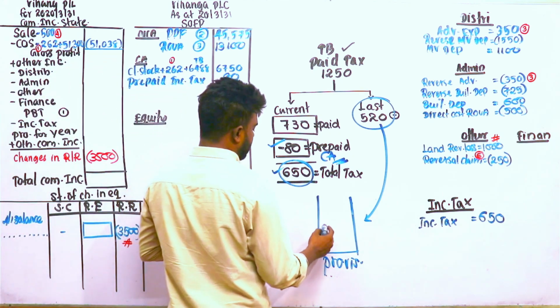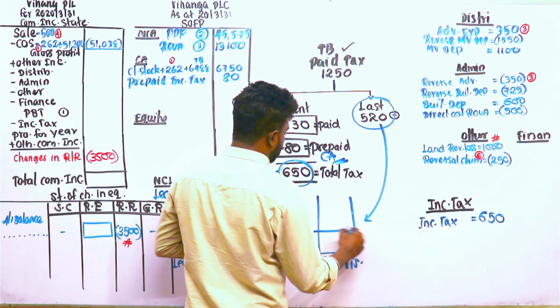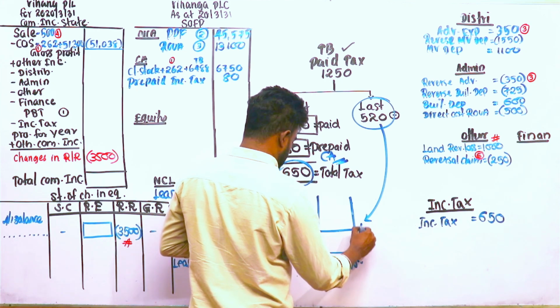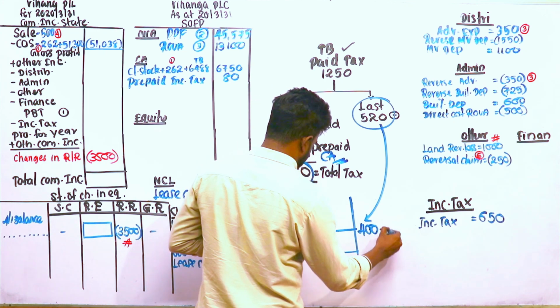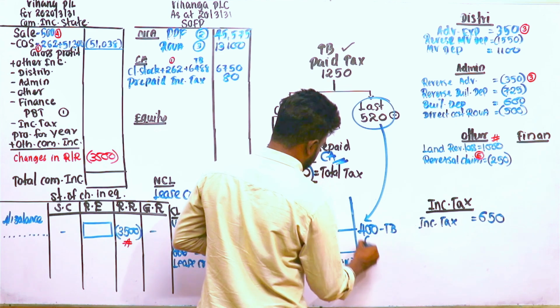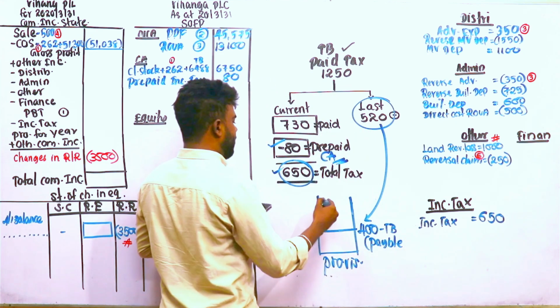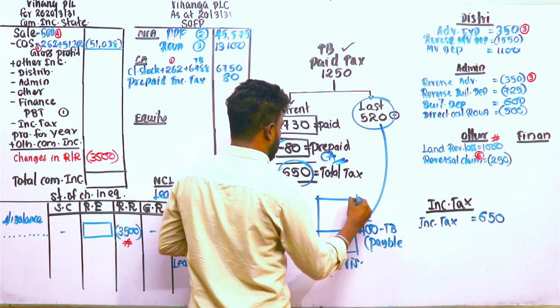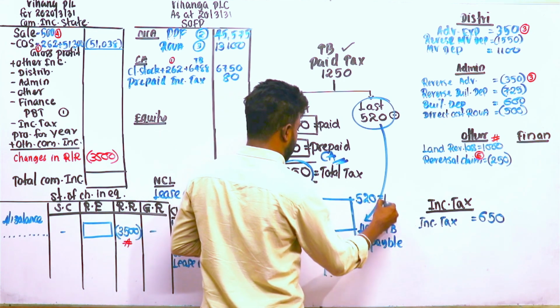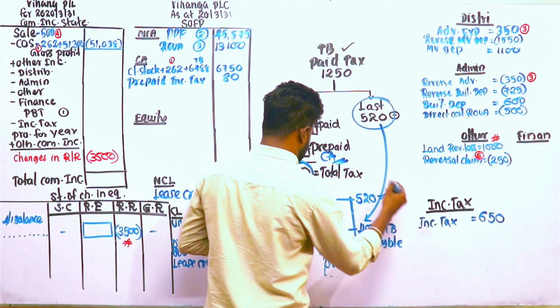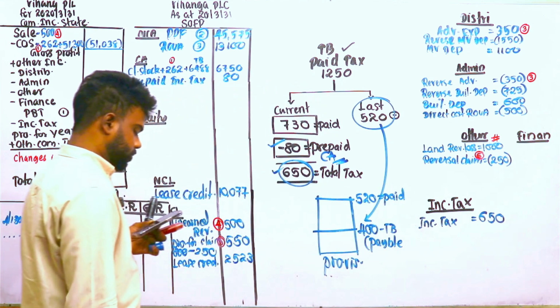The payable balance in the TB is 400. Clear? So during the period, how much was paid? 520. Paid 520.